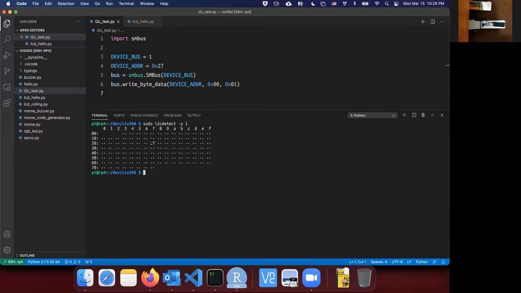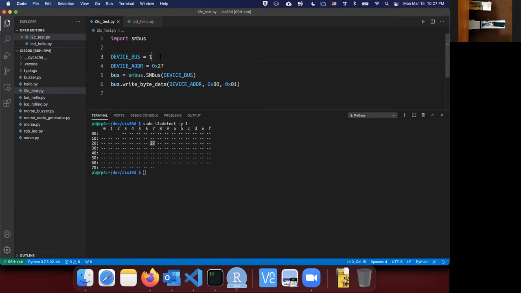And so here, we see a single number in this table. This address here is shown as 27. And by the way, this is a hexadecimal notation, all right? And the 27 becomes the address for your device, okay?